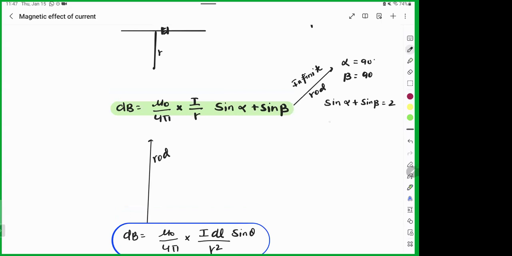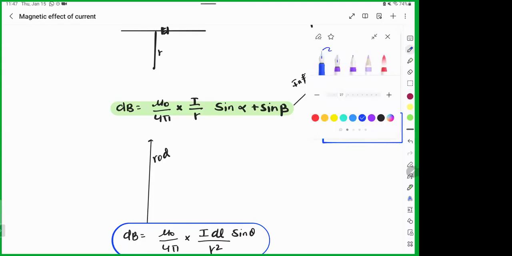Because of that, your B value will be equal to mu naught 2I by 4 pi r. Any doubt? Anybody? No, sir.